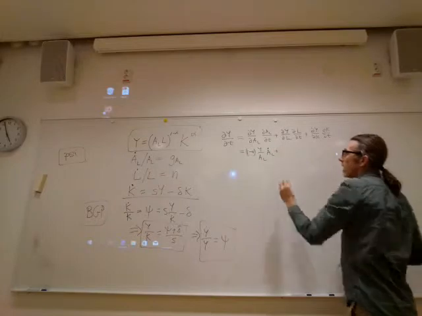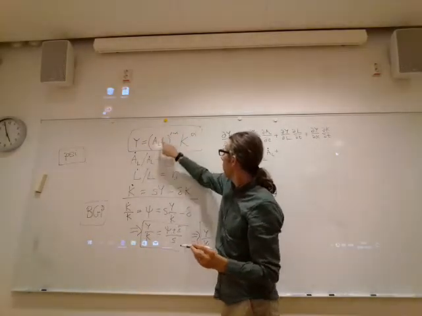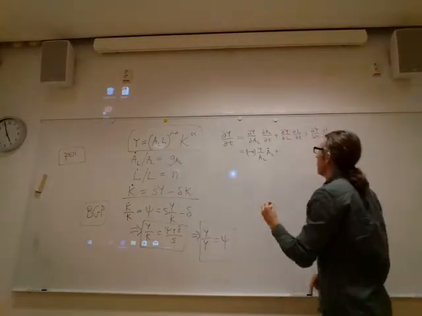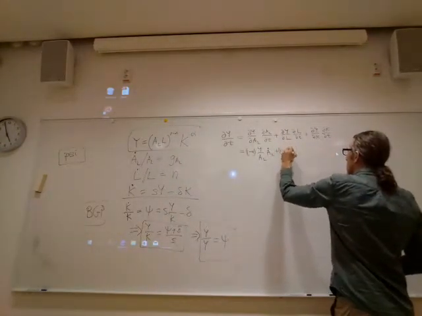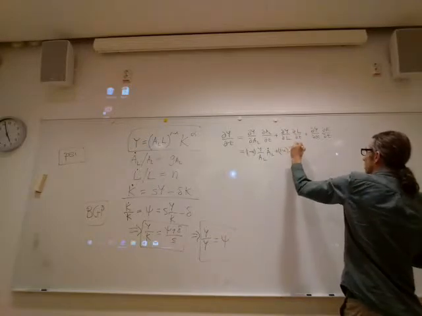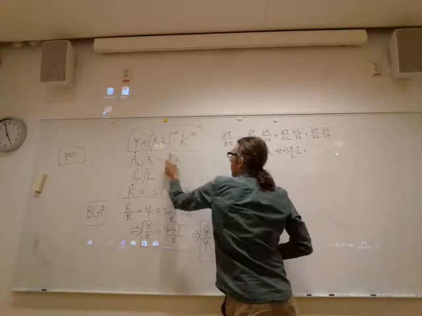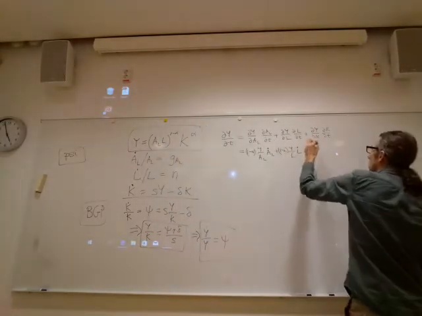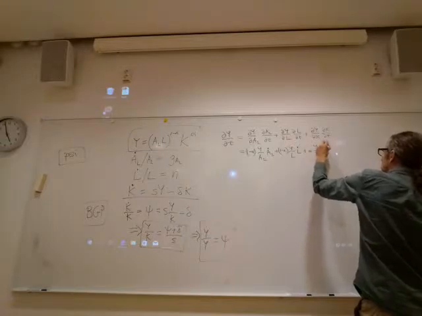And what is dy/dL? It's (1 minus alpha) times y divided by L. And what's this? That's just L dot. And what's dy/dK? It's alpha times y over K, times K dot.